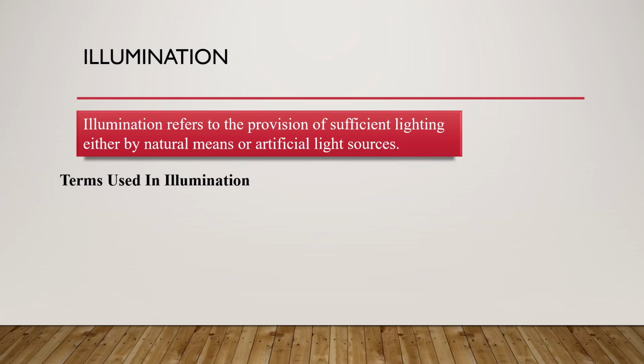So the essence of studying illumination in electrical engineering is that tomorrow you may find yourself where you have to design either street light or lighting in a room, maybe in a library for instance, or lighting a hotel. So the few knowledge that you are going to get from this will help you to make some initial steps in designing illumination. So terms that will be useful for you in illumination.